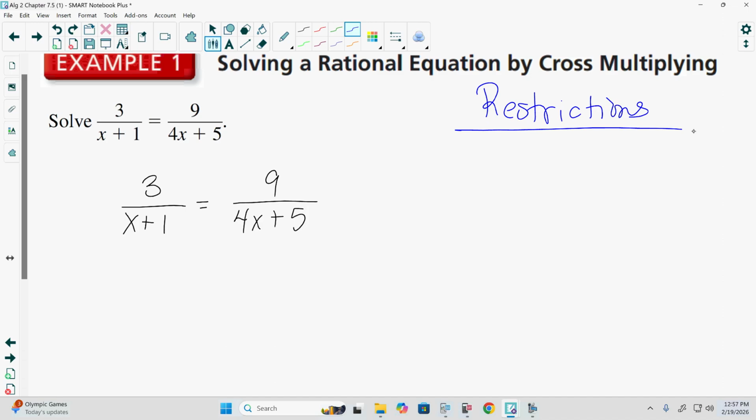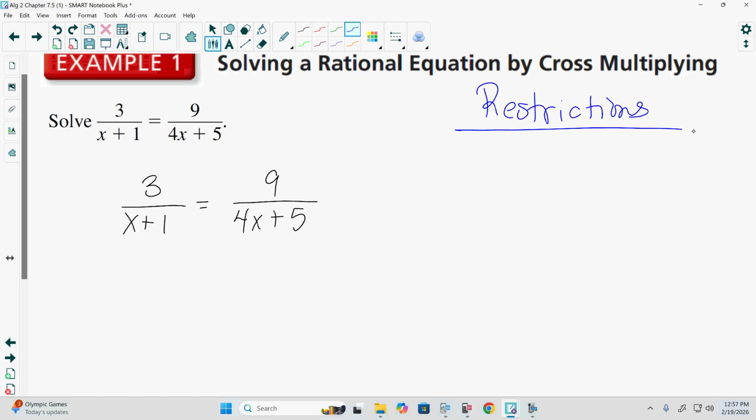Restrictions are going to come back with solving equations, because in stating the restrictions, especially for 7.51, isn't going to be a big piece of this puzzle. It doesn't really impact it a whole lot, but it is something good to note, because our restrictions are going to be any value of x that would make the denominator be 0. We cannot divide by 0.